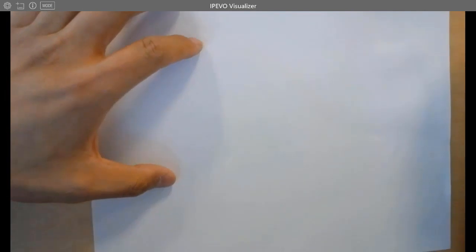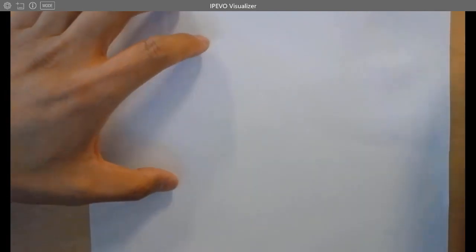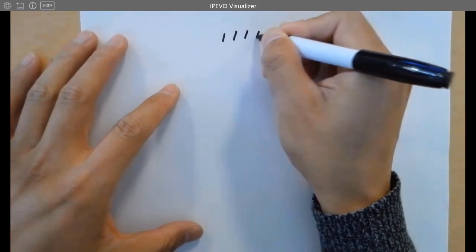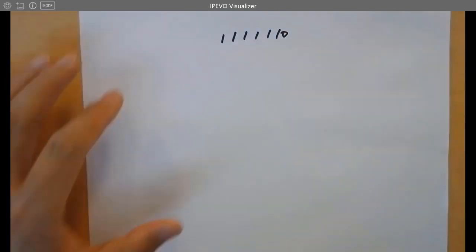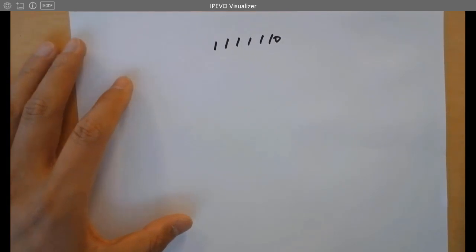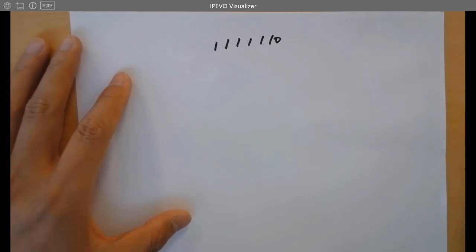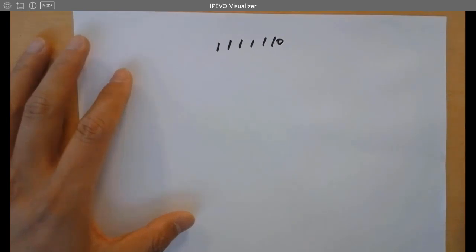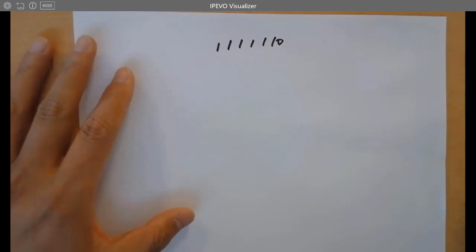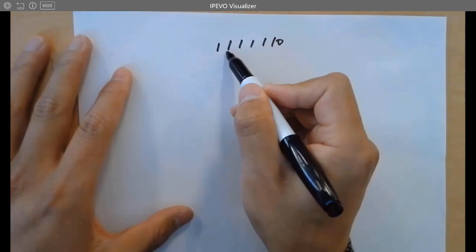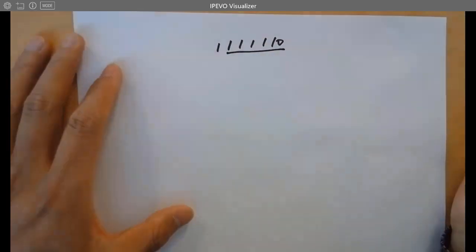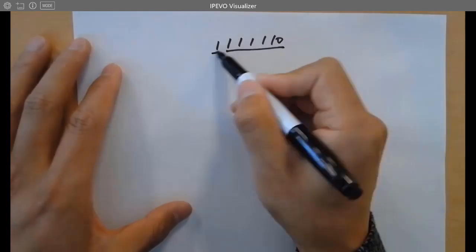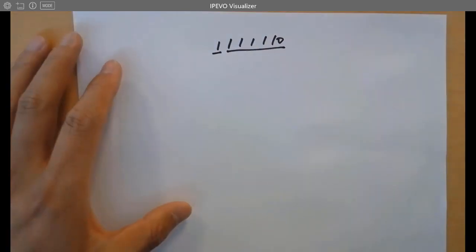Some examples. What is this in 2's complement? Why is that? Because you add everything here to a number which should be a positive number, and this one should be a negative number, right?